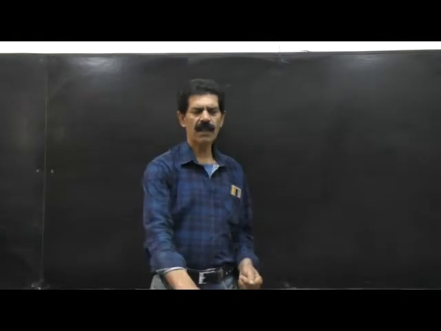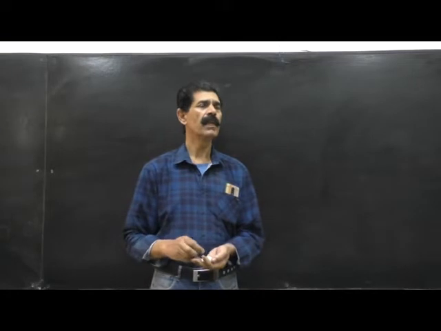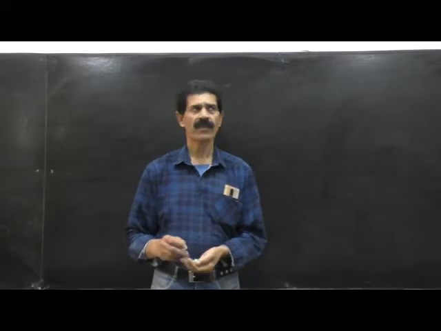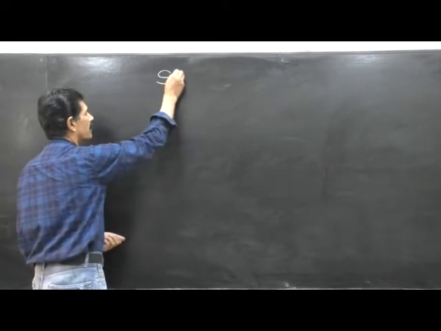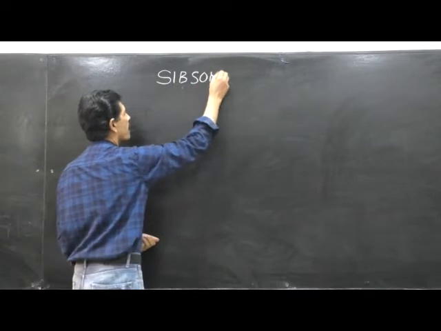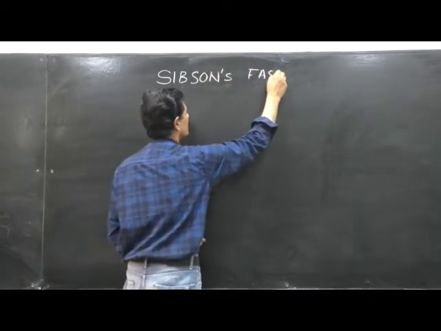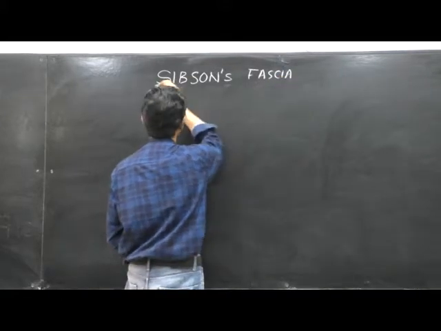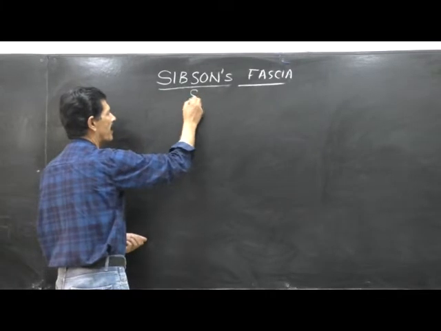Structures. Now we'll do the applied or the physical importance of the first rib. Another thing which is attached to the first rib is the Sibson's fascia. So this is also called the suprapleural membrane.